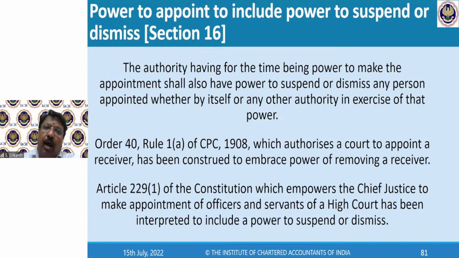Power to appoint includes power to suspend or dismiss. See, in our ancient mythological stories, you will find Brahmaji used to have the power to give a boon. Every other asura or Rakshasa would have done penance. Brahmaji will come, and he will ask Brahmaji or Shivji some boon.